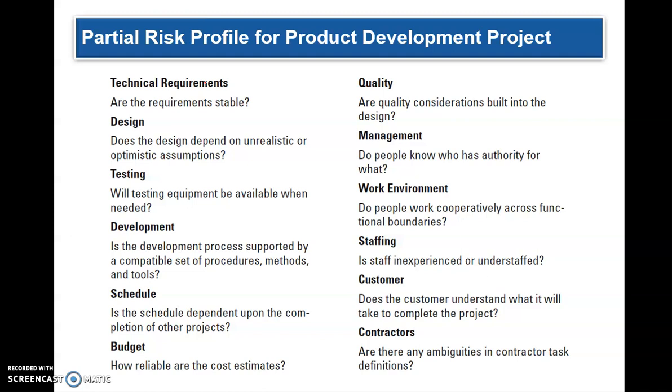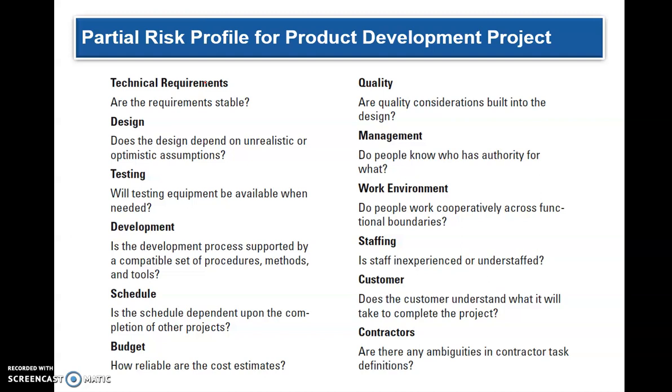During the testing, will you have all the testing equipment available as and when needed? That is a risk that you can think of. In the development area, is the development process supported by good procedures, good methodologies, and the right tools? When you're scheduling, is the scheduling dependent upon the completion of other projects? That is a risk that you can think of.